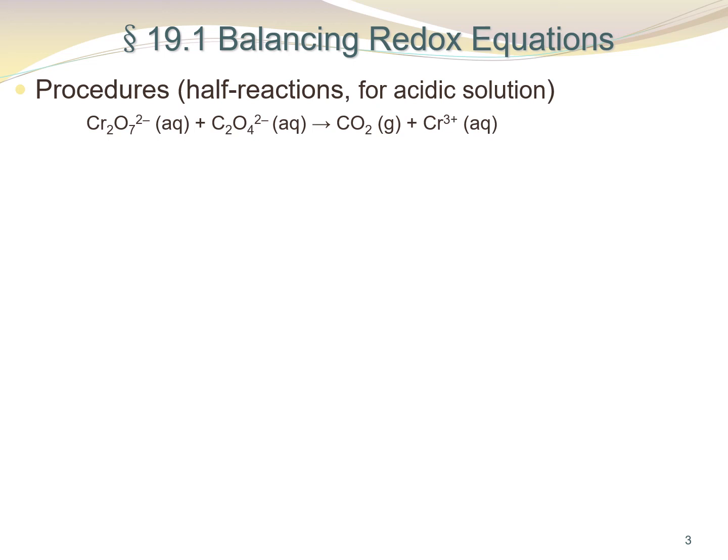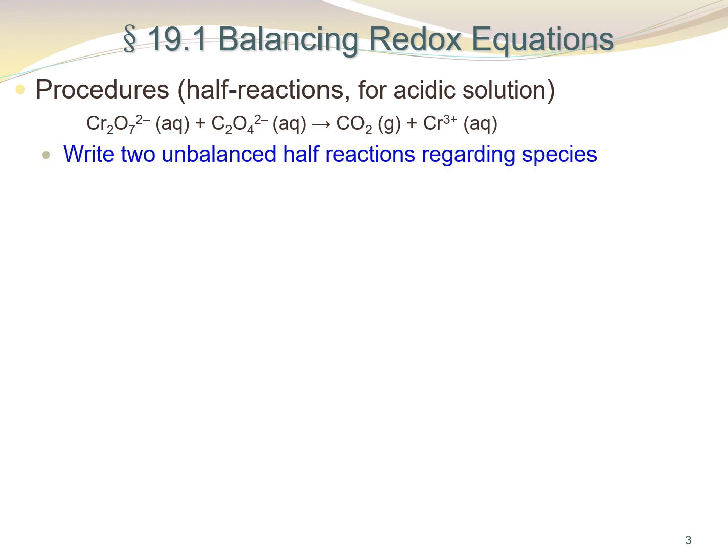The first step to balance this reaction, according to the procedures laid out, is to write 2 unbalanced half reactions regarding species, which means we need to find some common atom in these 2 species to build up a half reaction. For example, chromium, carbon.